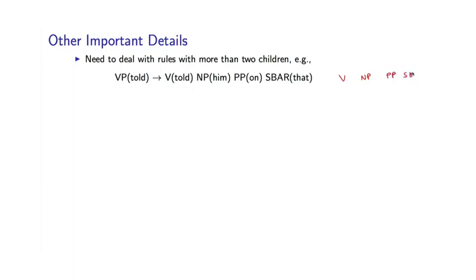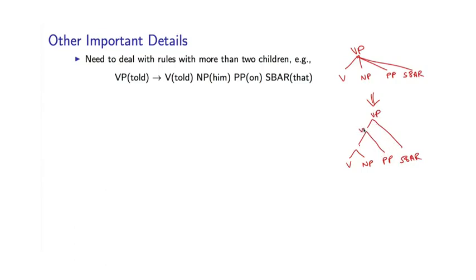binarize the rules. So we have a flat rule like this. I'm omitting the head words here for brevity. You can convert this to a structure like follows, where we have intermediate cases here.